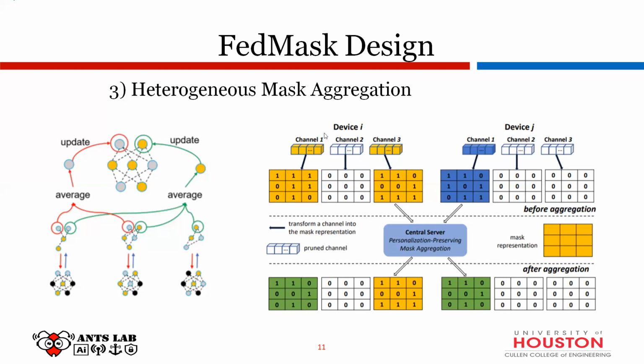Before the aggregation, device I looks like this, and after it, it becomes a new updated version, and it's also the case for device J. But since they don't update the ones that don't overlap, you will have different results in terms of masks. So device I and device J have different masks after the aggregation, and both will be sent back to perform the local mask optimization once again.